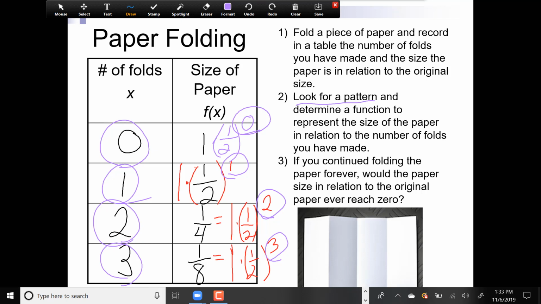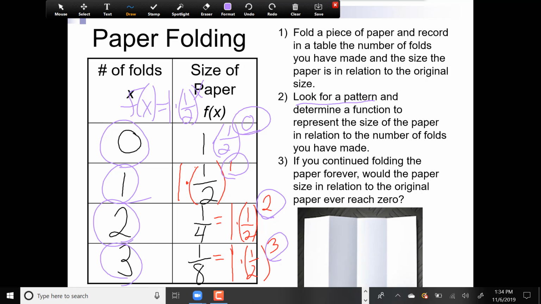So if we want a pattern for a function for this, our pattern might be that f of x equals 1, which is how much of the paper we saw at the beginning, times 1/2, which is our growth factor, to the x. And that would be our equation.